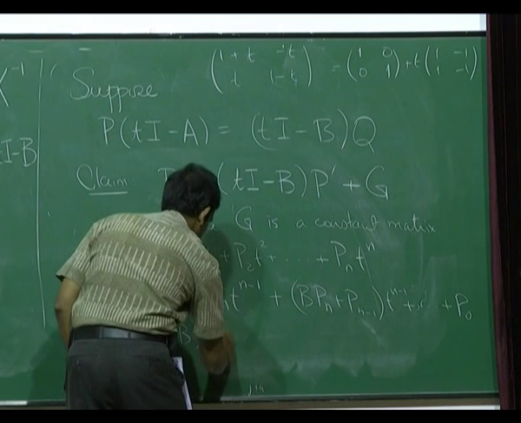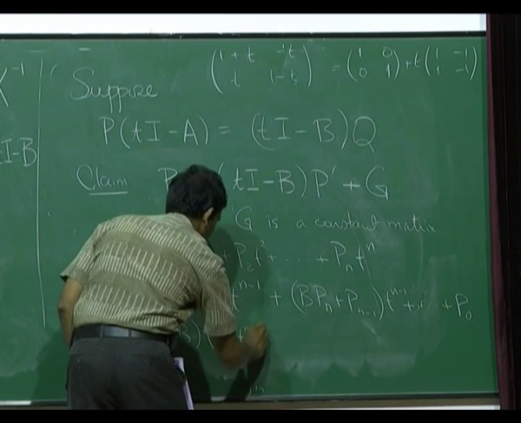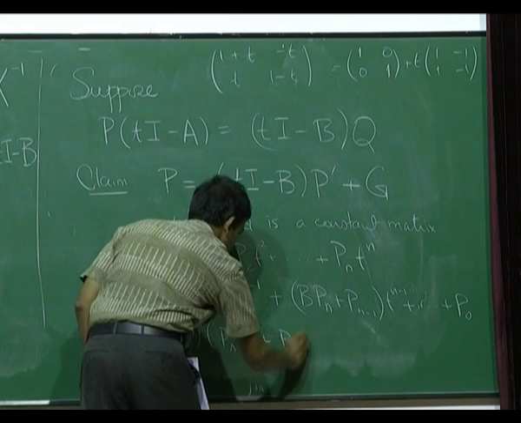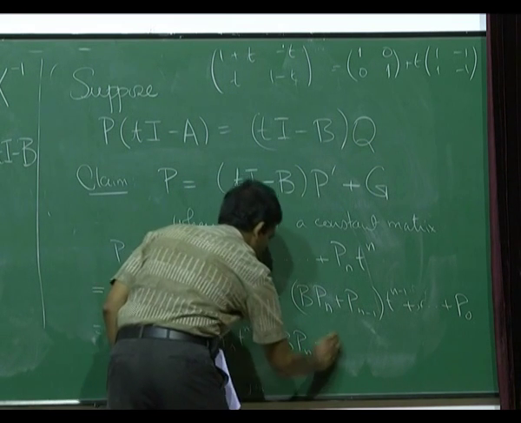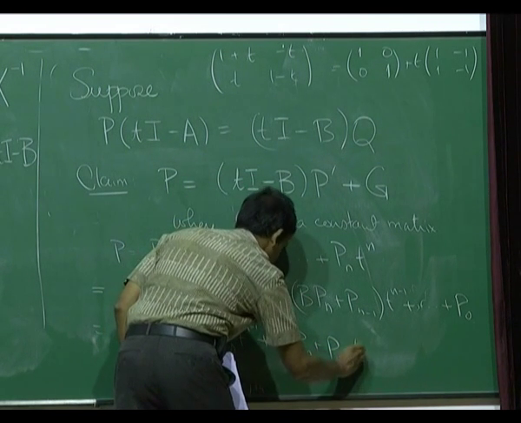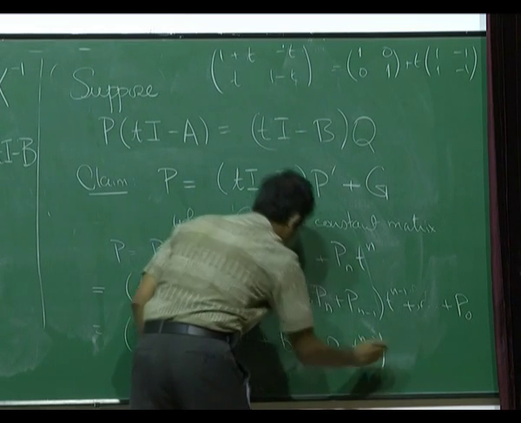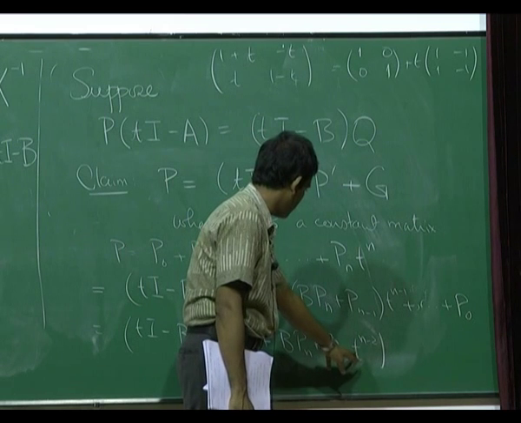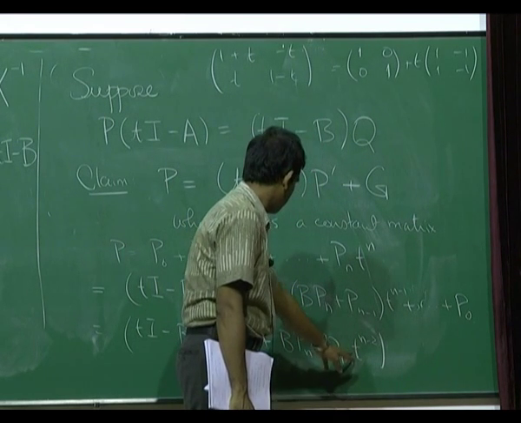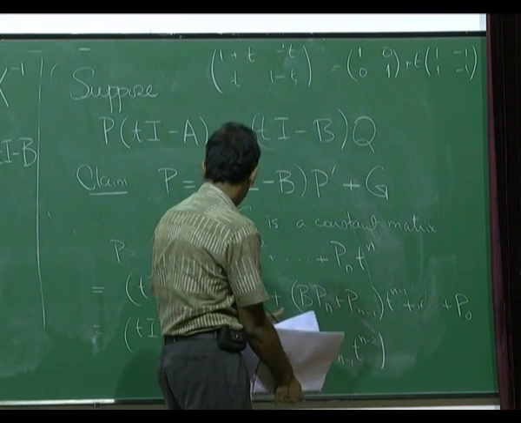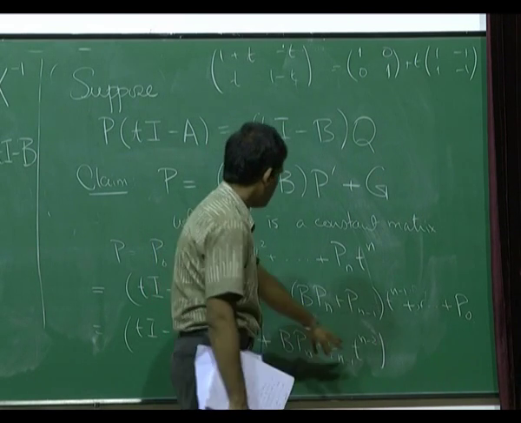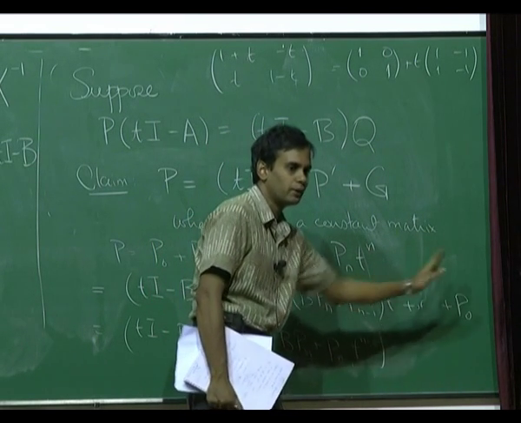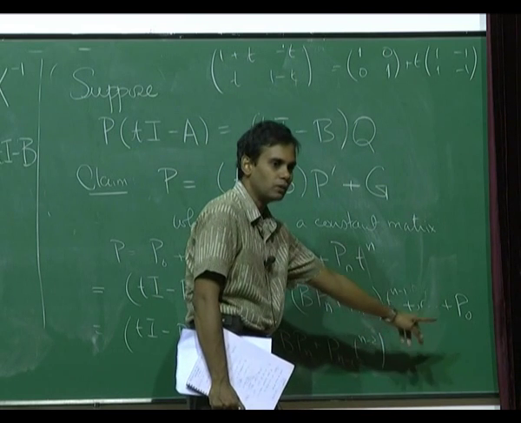So P_n t to the n minus 1 plus B P_n plus P_{n-1}, times t to the n minus 2. And now the error that has been introduced will be of degree n minus 2. So you keep pushing it down, and in the end you will end up with a constant remainder.